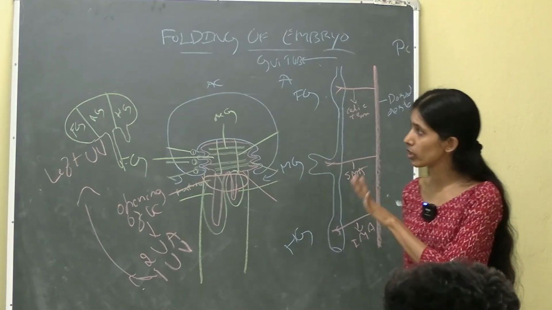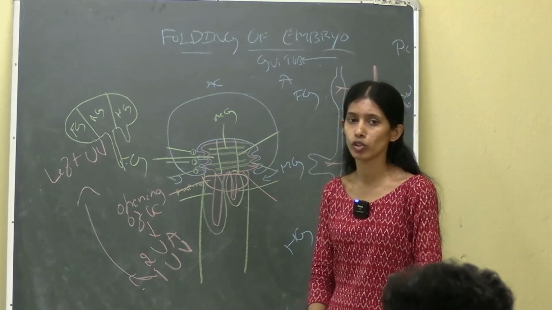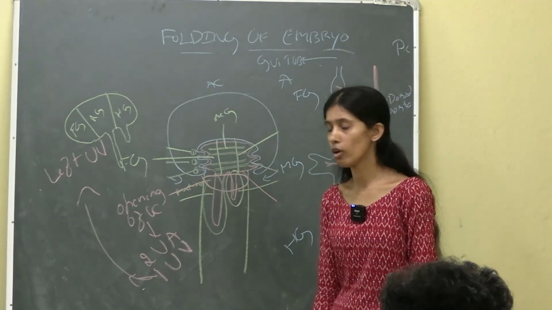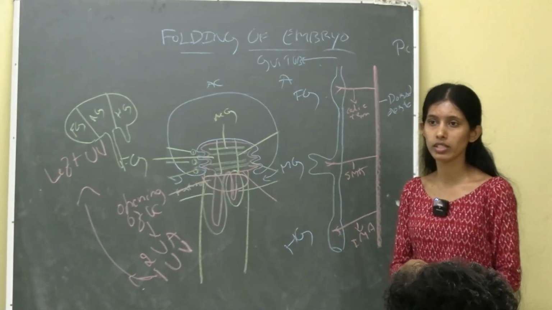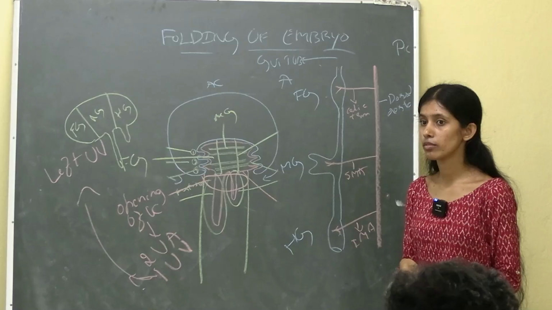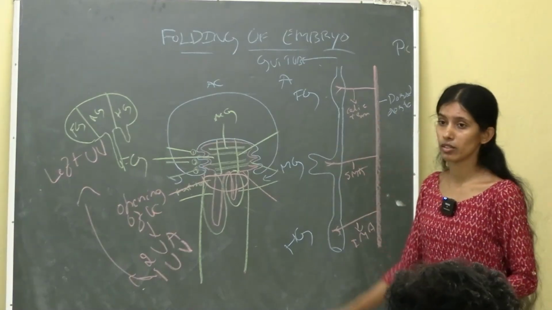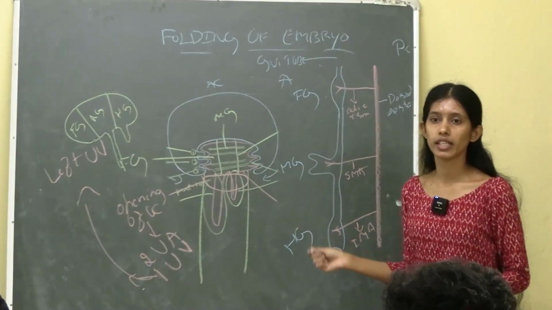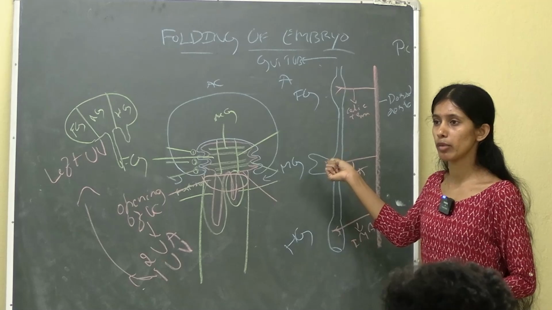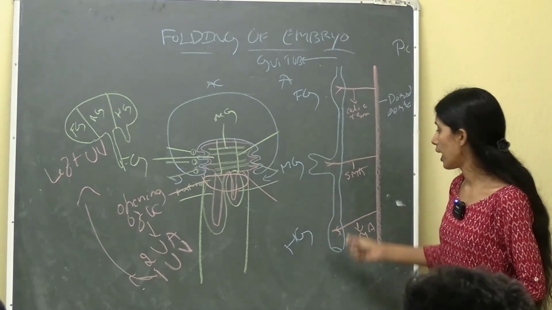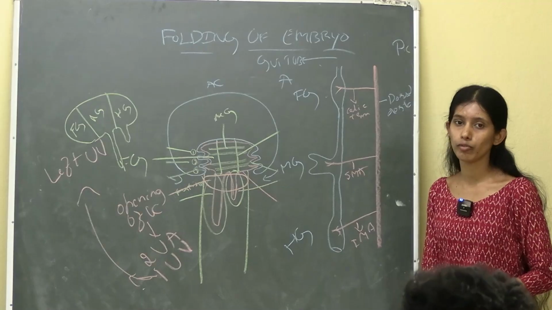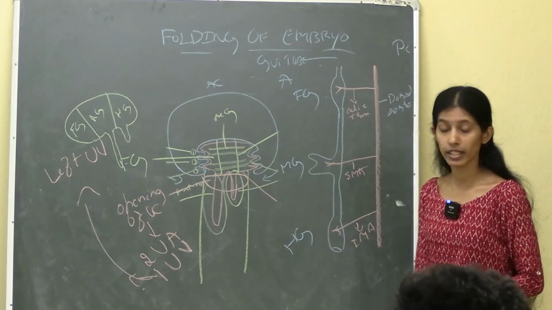This is all about the formation of primitive gut and also the foldings of the embryo. Once the primitive gut forms, we divide it into three parts: foregut, midgut and hindgut. Foregut is supplied by celiac trunk, midgut by superior mesenteric artery and the hindgut by inferior mesenteric artery. Any doubts in this?